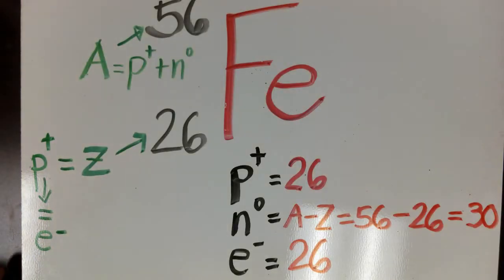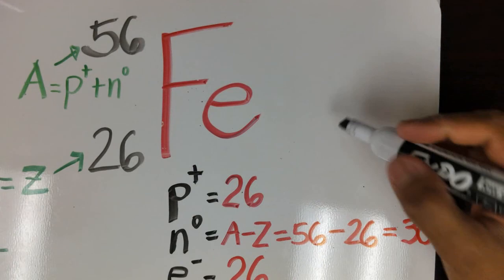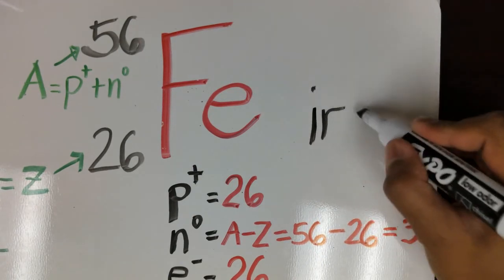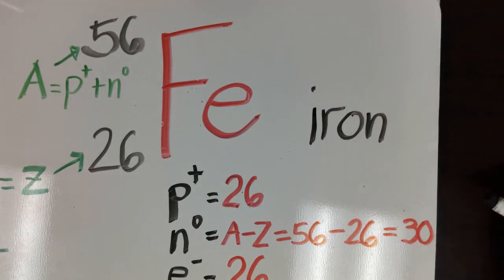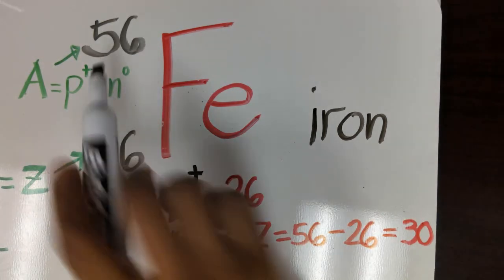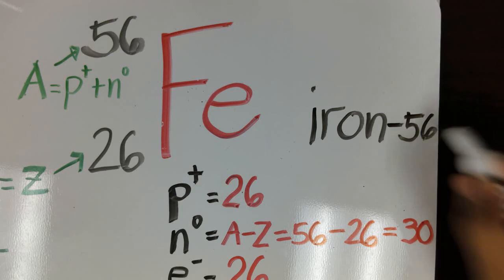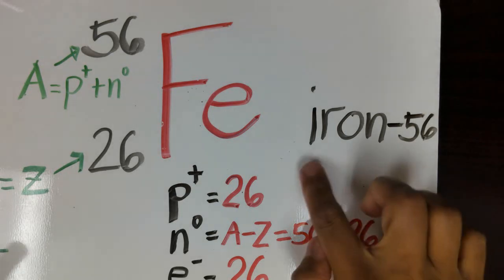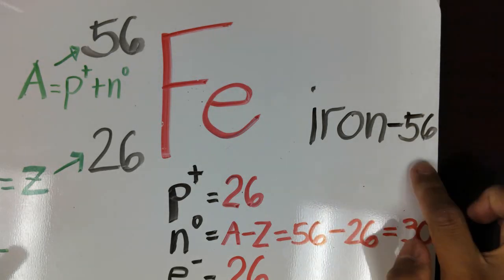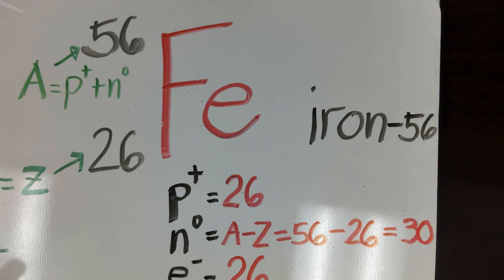So the name for this isotope is iron, and then to indicate the mass, it's 56, so you put iron-56. And this is the representation of the name of the element, dash, its mass number, to indicate that that is the isotope of that element.